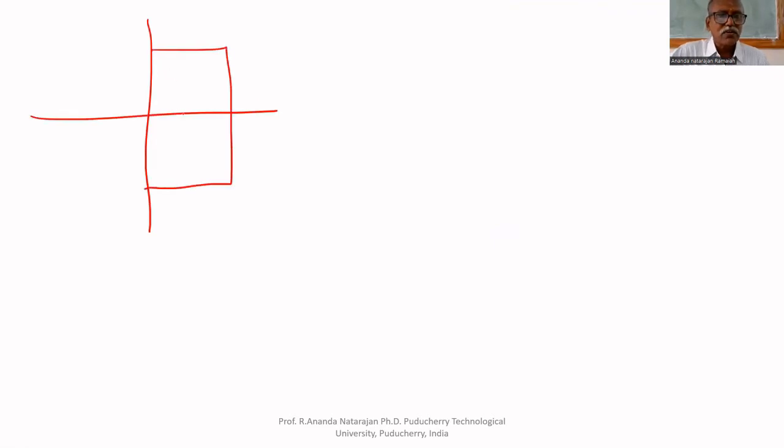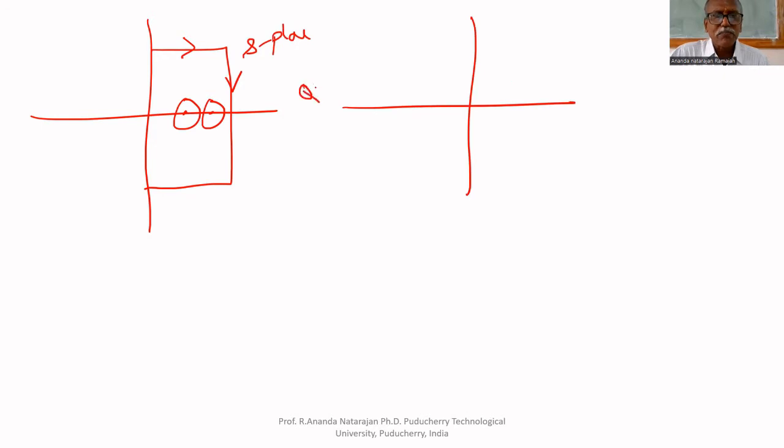Suppose I have selected a contour in such a way that two zeros are inside. If you select the contour in the clockwise direction of the S plane and do the mapping on the Q plane, it means you have to substitute these points on the contour in Q of S and get the complex points.